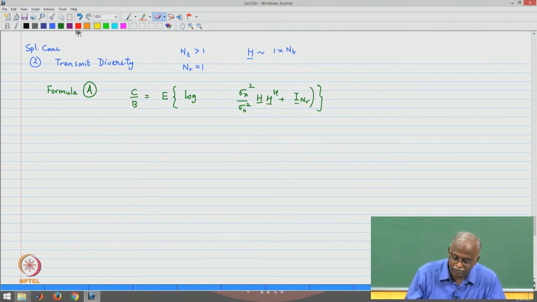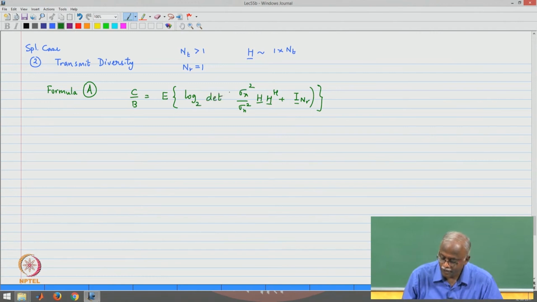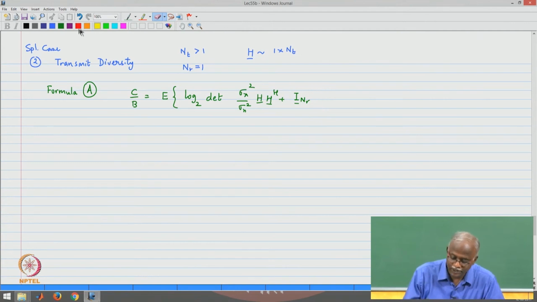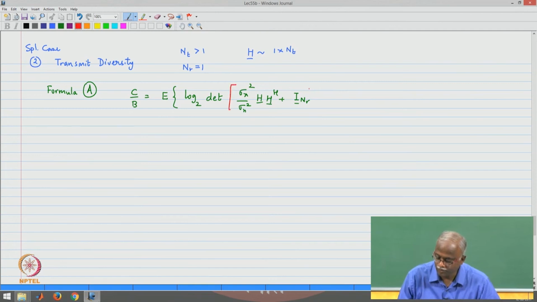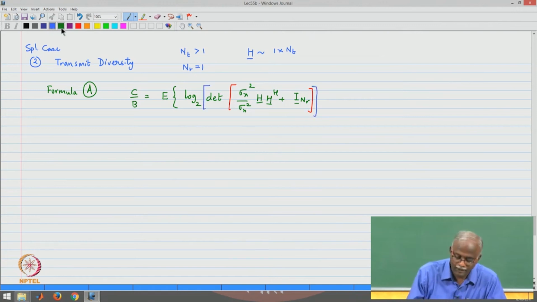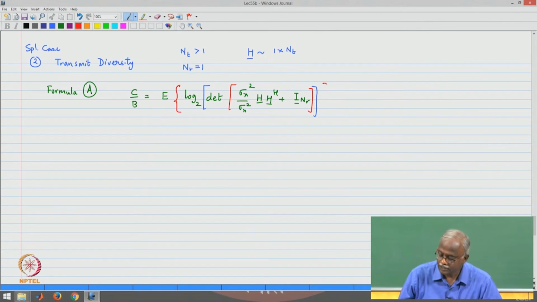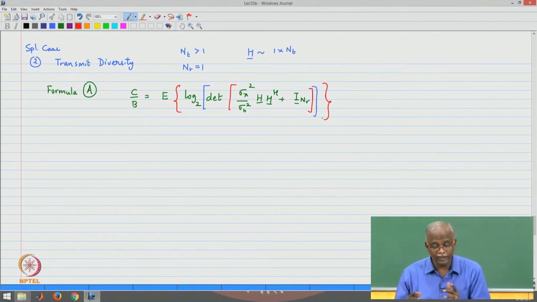So, it is logarithm base 2 of the determinant of the expressions. Determinant of this form, logarithm of this, and this is the form that we have of the expression B.